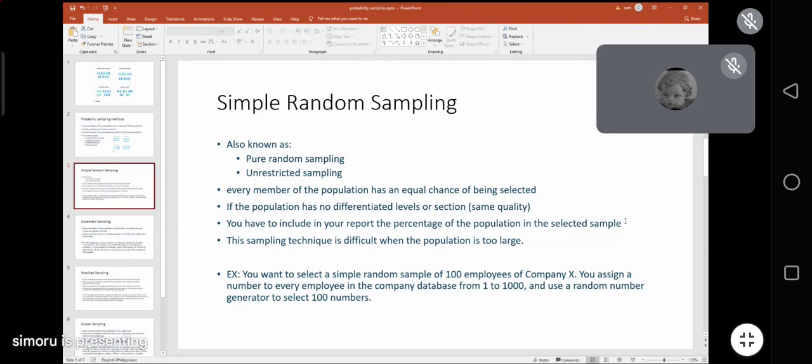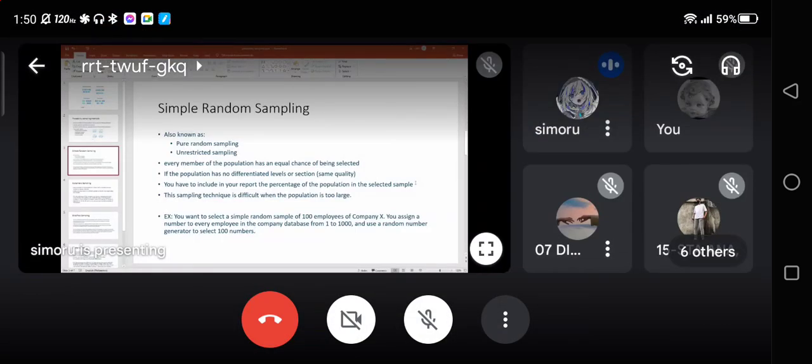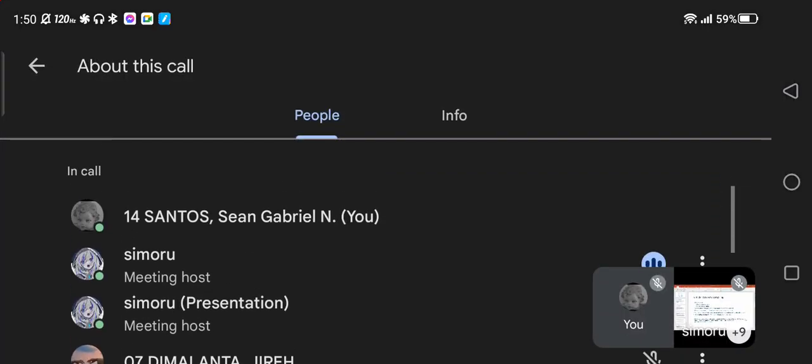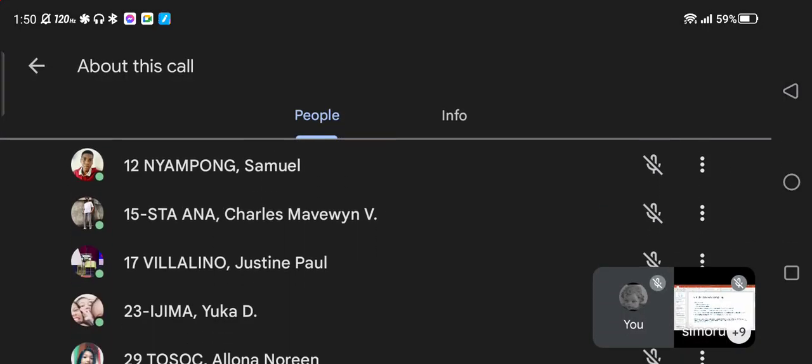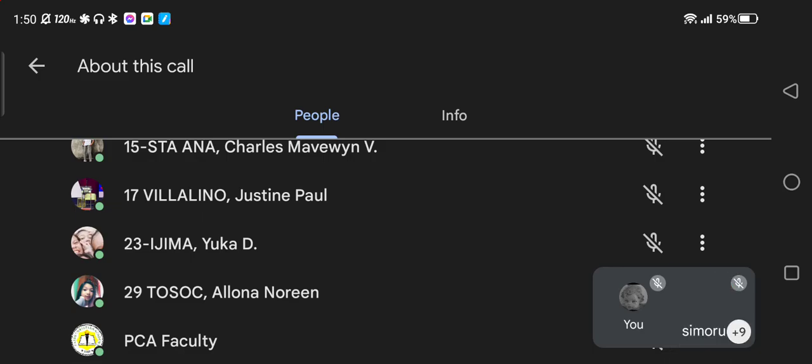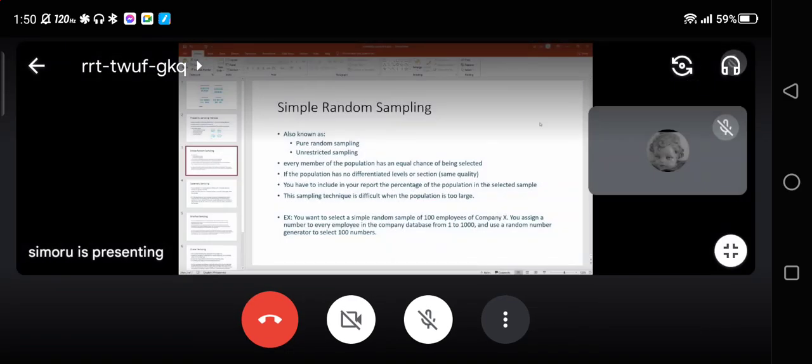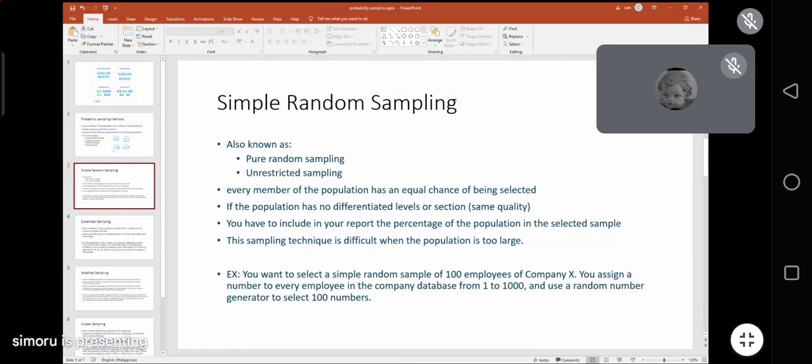The population has no differentiated levels or sections. It should be the same quality, and you have to include in your report the percentage of the population in the selected sample. Like I mentioned before, you can use a percentage to take a sample from your population.